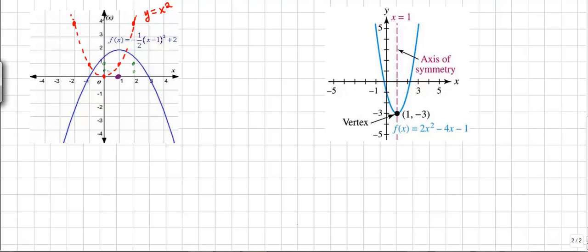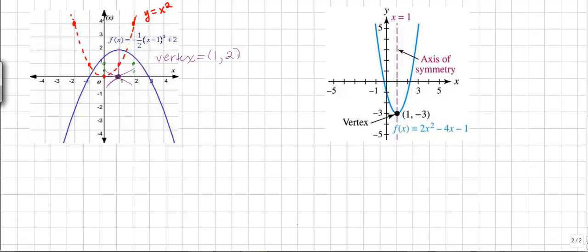If I additionally reflect it about the x-axis, it wouldn't change where the vertex is. And then when I move it up 2, that's your next change in the vertex. So basically, again, if you're given standard form, then we can simply read the vertex very confidently, right 1 and up 2. Okay, so that's our vertex.